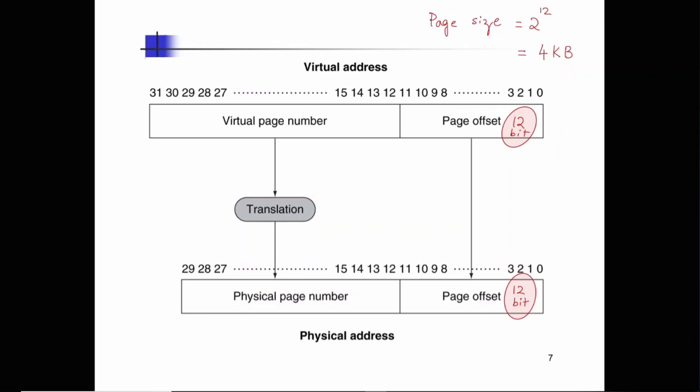Next, let's take a look at how many bits we have in the virtual address. We have bits starting from 0 to 31. So we have a 32-bit virtual address space, and we have a 30-bit physical address space, and 12 bits in each of those address spaces belong to the page offset. Now, using this, let's try to calculate the number of virtual pages and the number of physical pages. So how many physical pages are we going to get?